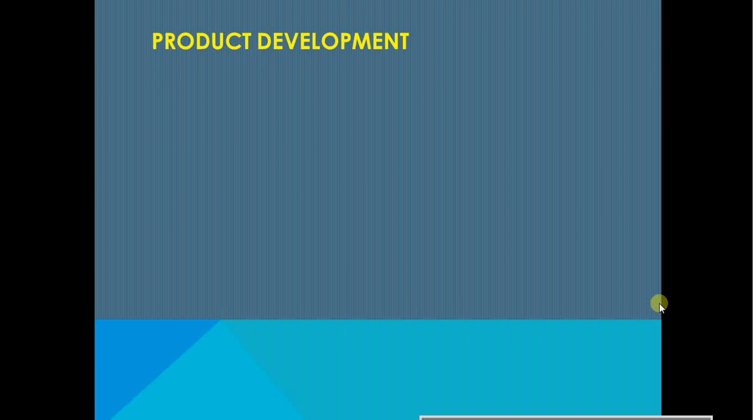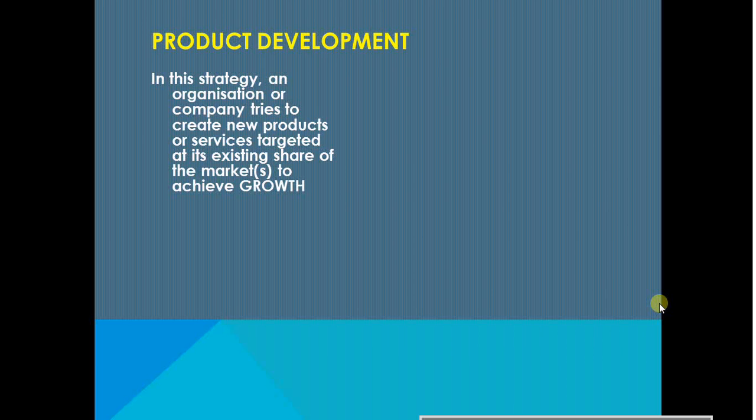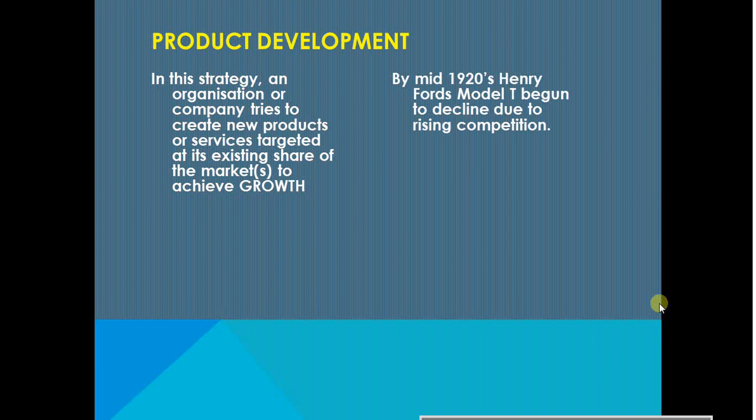Product development. In this strategy, an organization or company tries to create new products or services targeted at its existing share of the market to achieve growth. Back to Mr. Henry Ford.